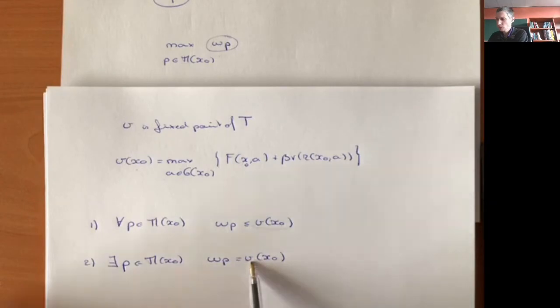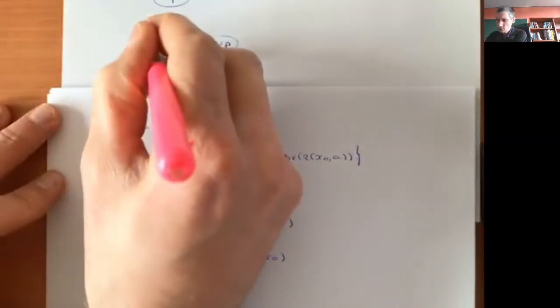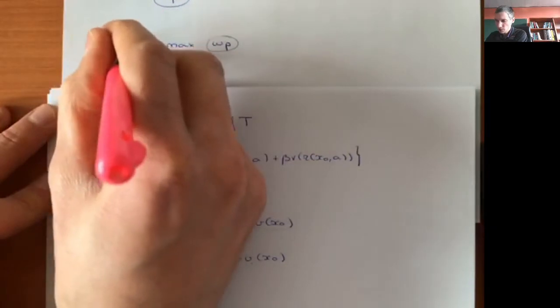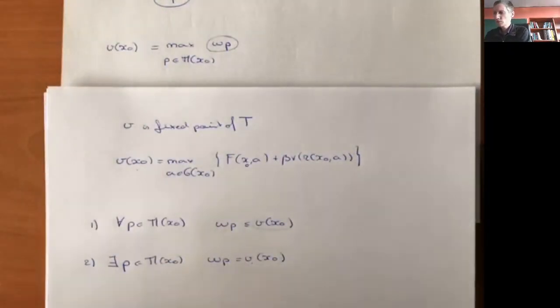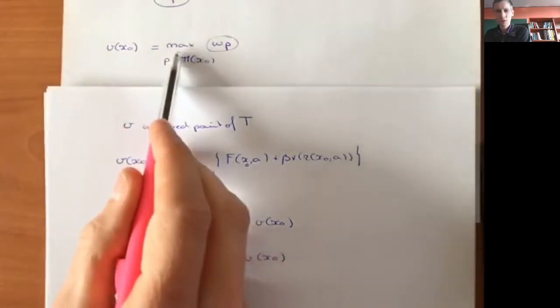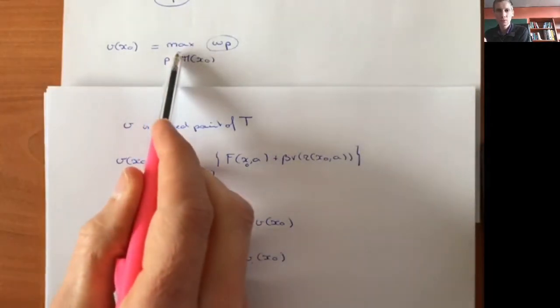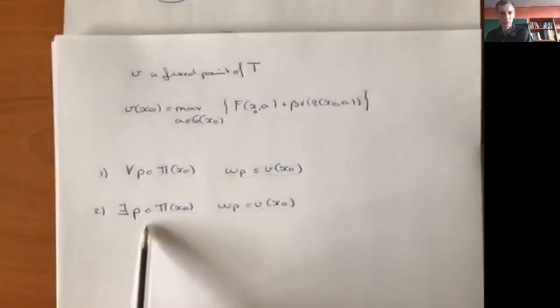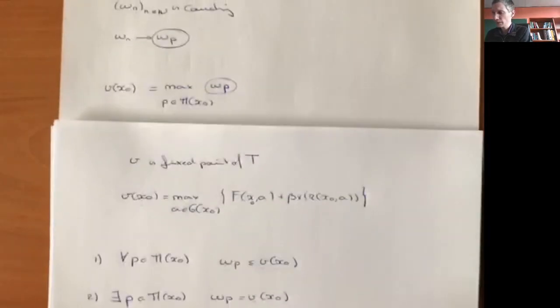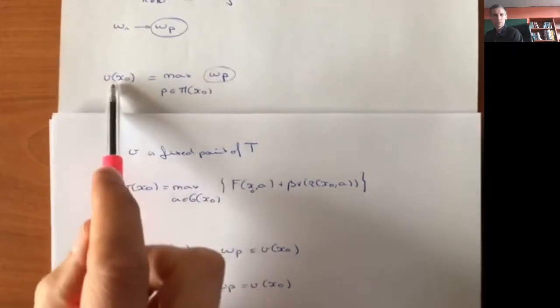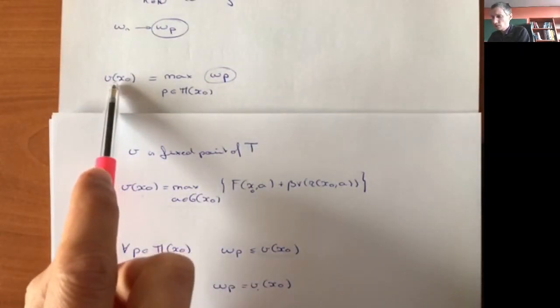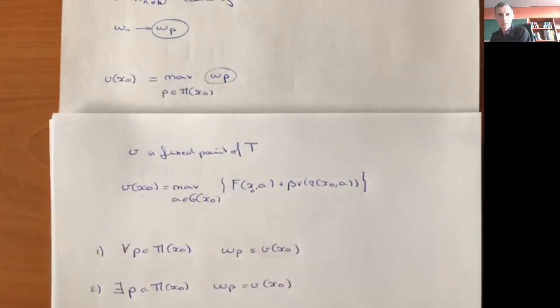If I can show these two things, then indeed this maximization will be equal to V of x0. And this shows two things at once. First of all, it shows that this maximization problem can be solved, there's a maximum because here I have the path that solves it. And second, it shows that at this maximum, the value function is equal to the value that I get from the Bellman equation.